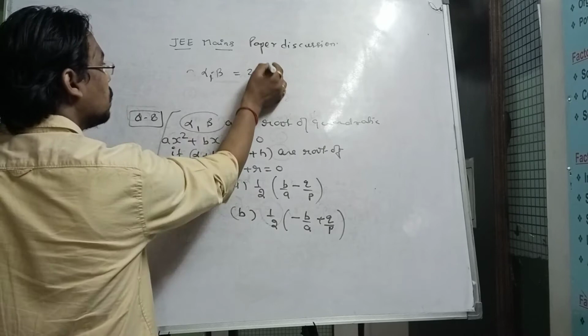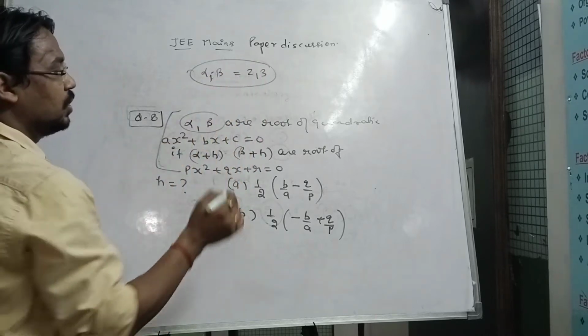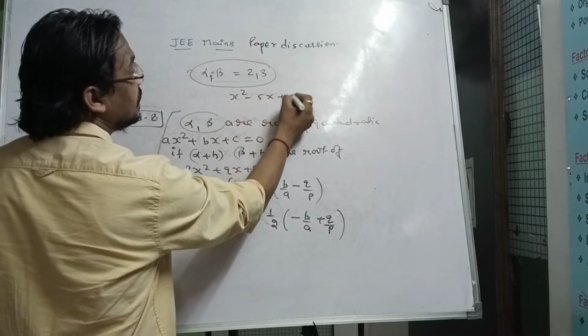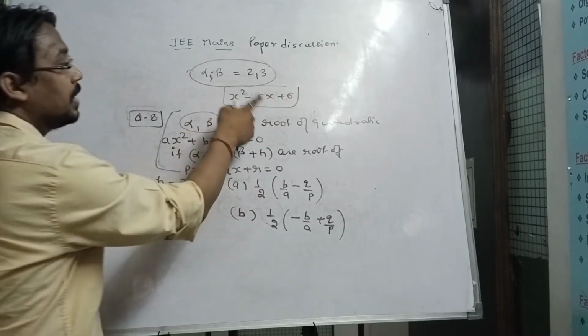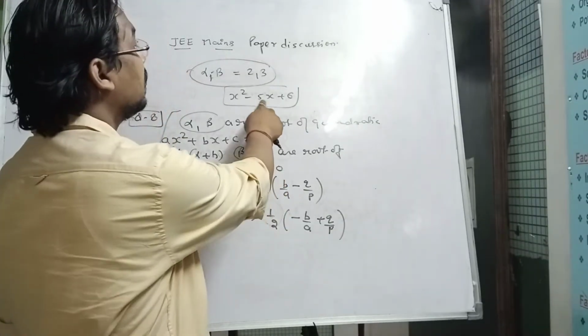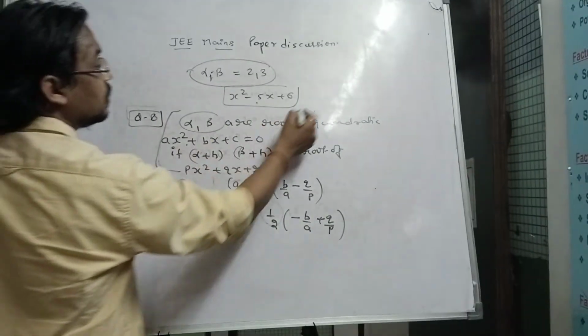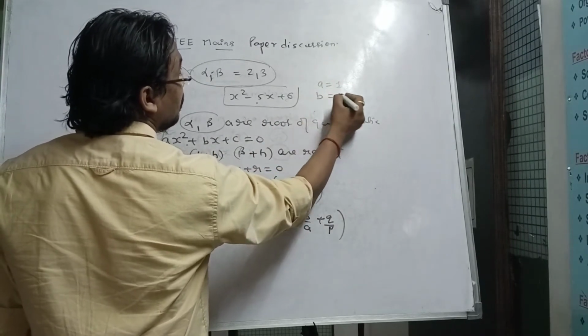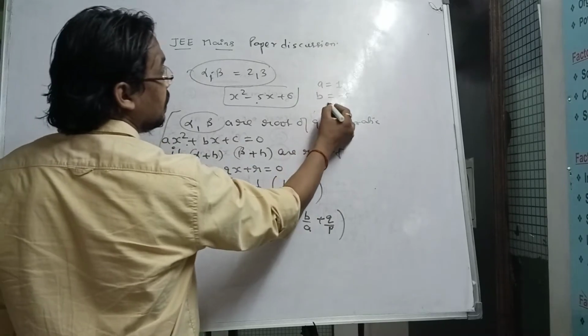Then you get the equation x square minus 5x plus 6, that is x square minus sx plus p. Compare with this one: a is 1, b is minus 5, and c is 6.